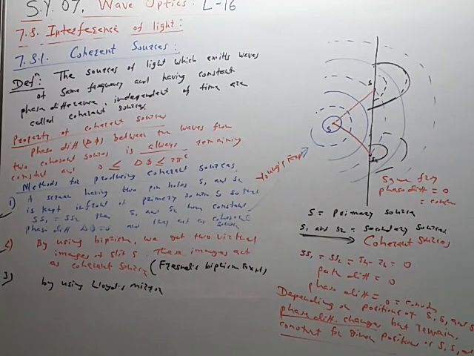Coherent sources are necessary for producing the stationary interference pattern.